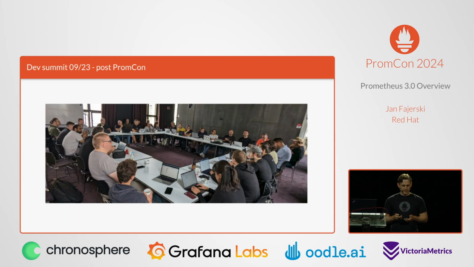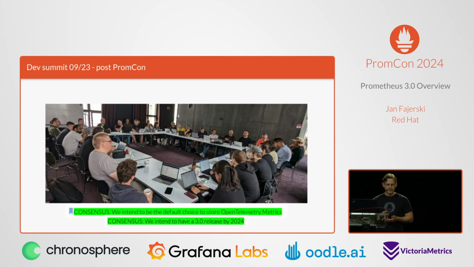So on this maybe fateful Dev Summit, there were two agreements, these two here. One is that Prometheus should really become the default choice to store OpenTelemetry metrics. And the second one is kind of a synthesis of several. I just added that here for succinctness, and that's the intention to release Prometheus 3.0 this year.